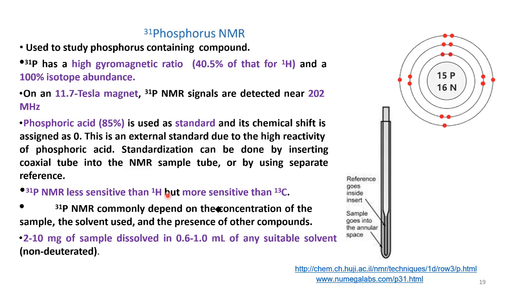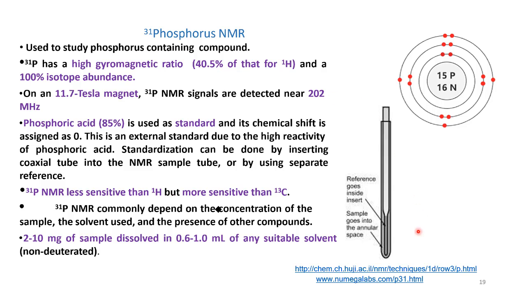It is used to study phosphorus containing compounds. 31P has a high gyromagnetic ratio, 14.5% of that of the proton, and it has 100% abundance, whereas the proton has 99.9% abundance. So it will give a very strong peak.